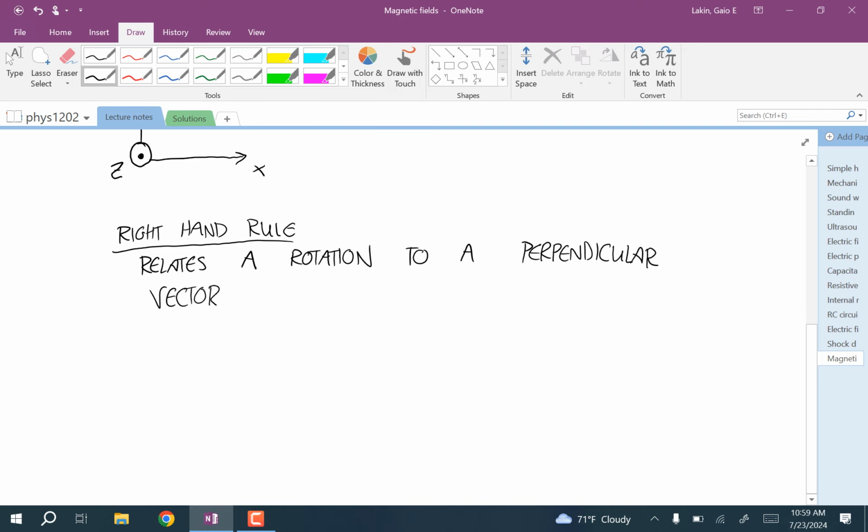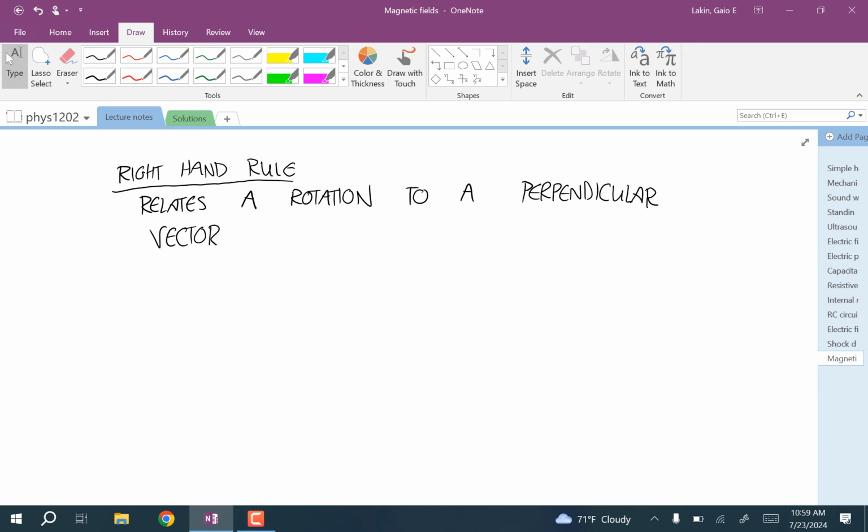And the way we're going to see it right now is we're going to have a vector 1 and we're going to have a vector 2, and in order to get from vector 1 to vector 2, you have to have a rotation.